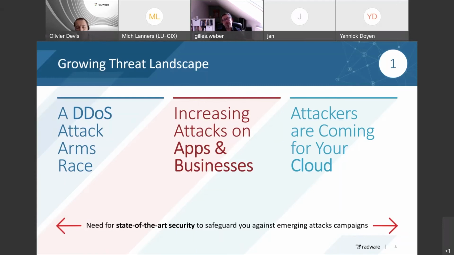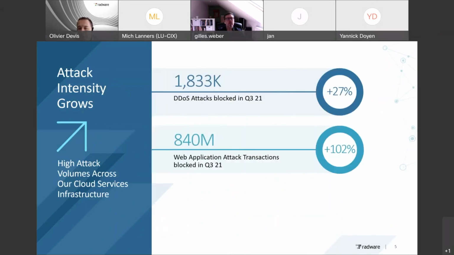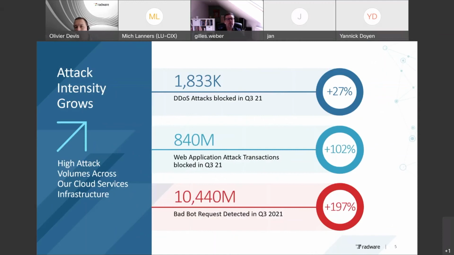One thing is for sure: when you want good security, you have to look at all the angles to provide state-of-the-art security. When I talk about attack intensity growing, we see that in the news all the time. This is just a snapshot of what we've seen on our networks, and there's definitely an increase.